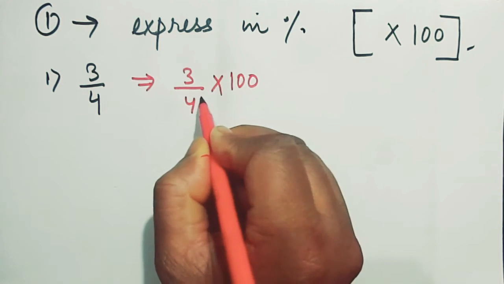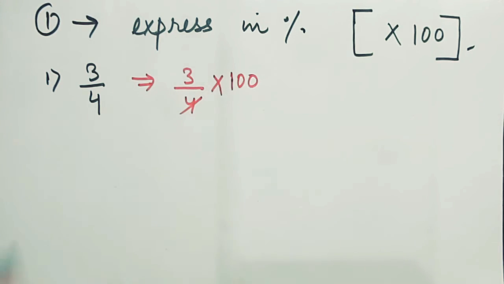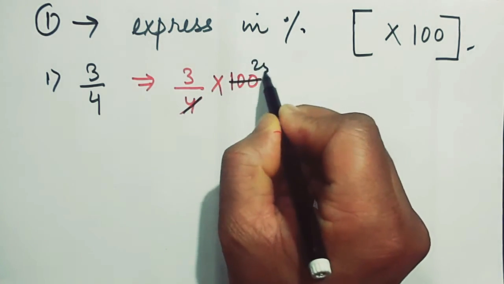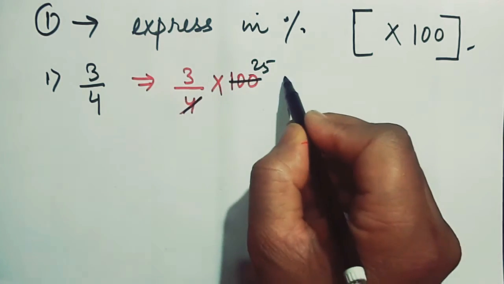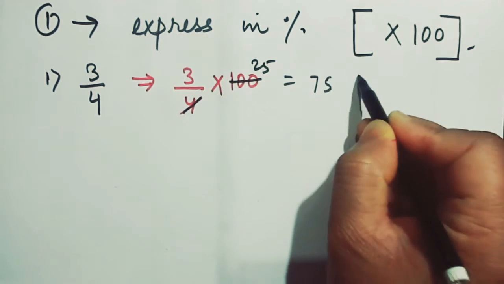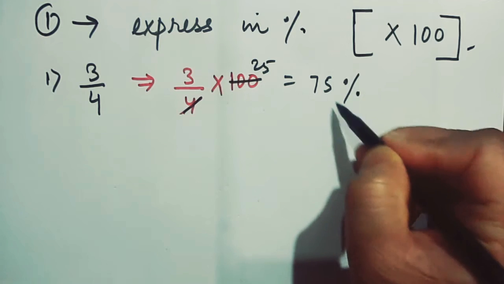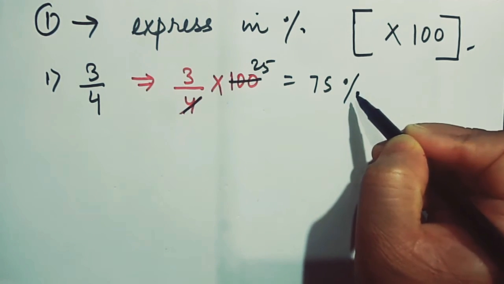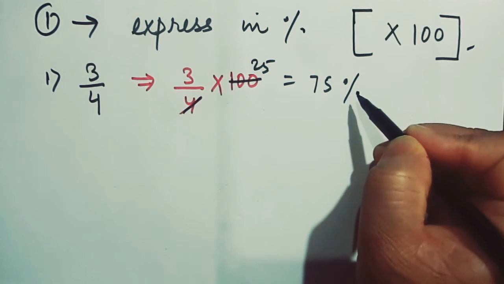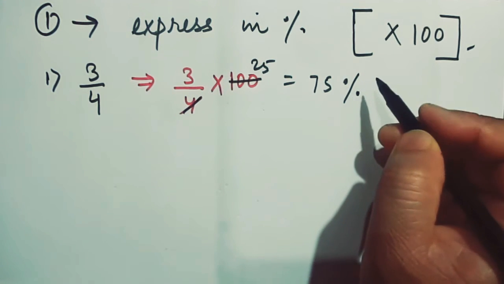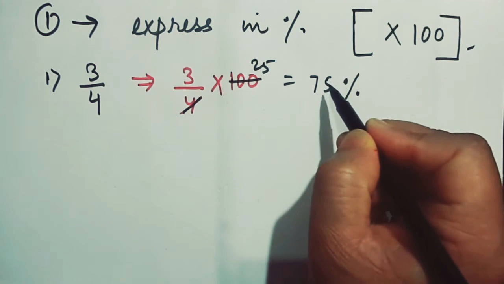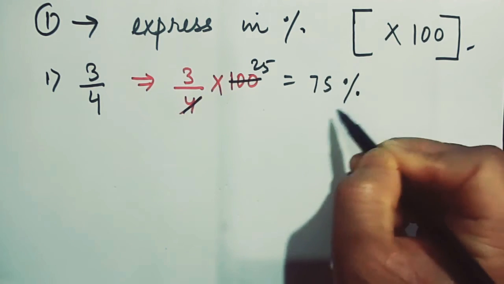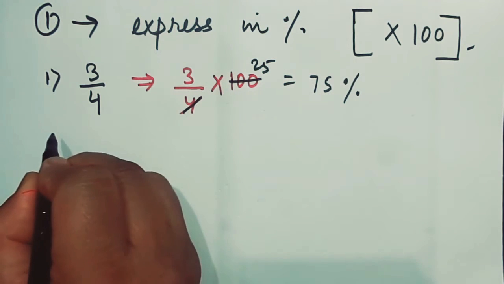After solving this, 25 times 3, you will get 75 percentage. Now you need to mention this percentage, otherwise the entire solution will be wrong, because 75 will be just a value. Here you have found out 75%, means out of 100 your value is 75.